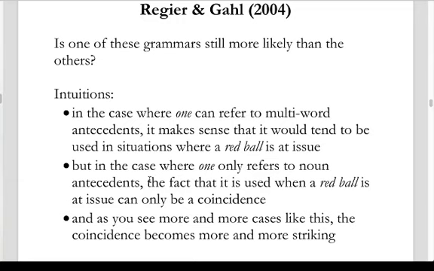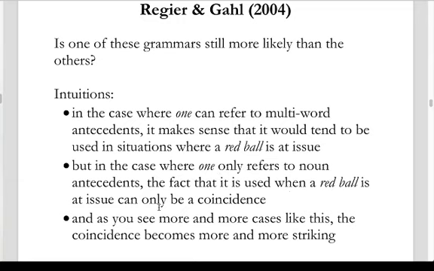Because there we could have equally used "one" to refer to a blue ball or a yellow ball or a green ball, but sometimes we're seeing it used to refer to a red ball. And as you see more and more cases like this, the coincidence becomes more and more striking, and it makes the grammars that predict this less and less probable.